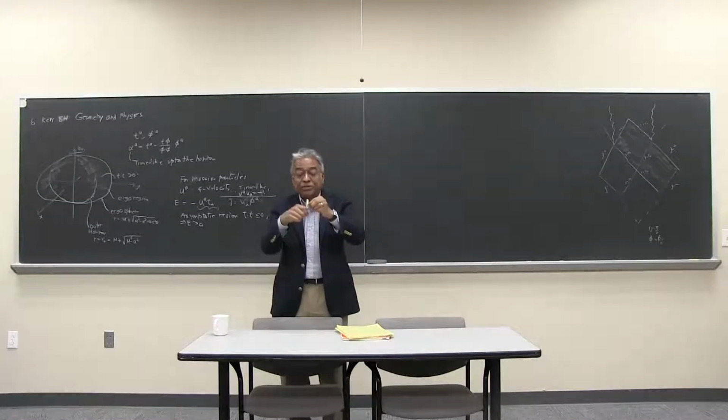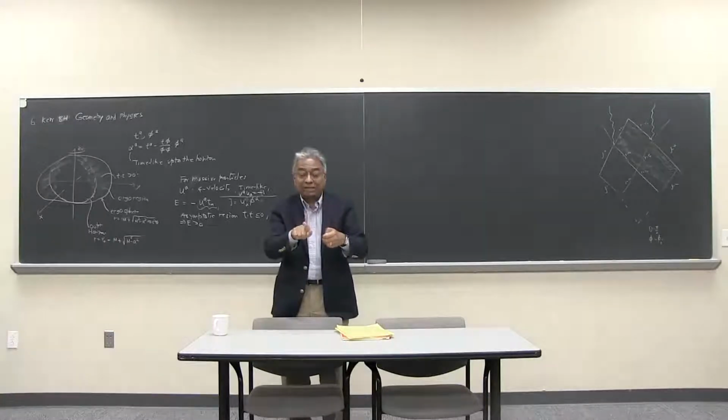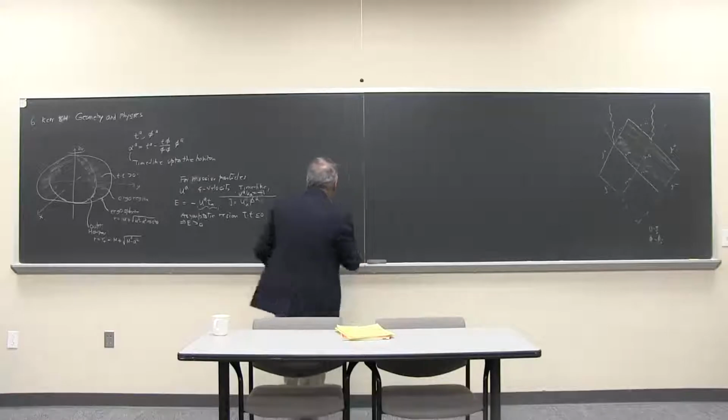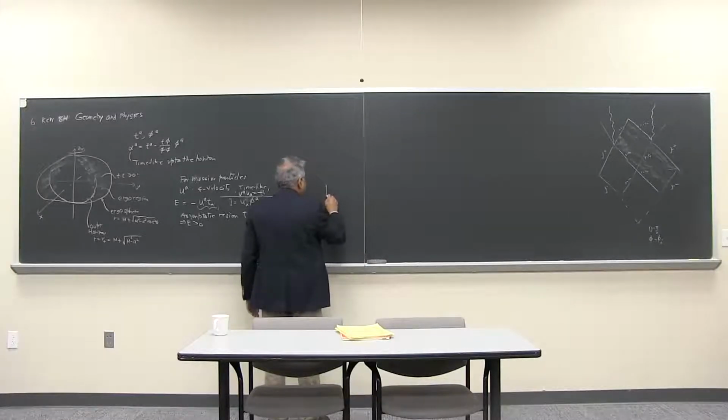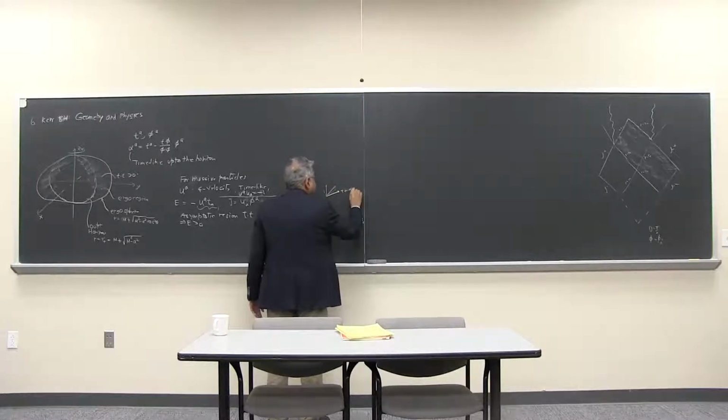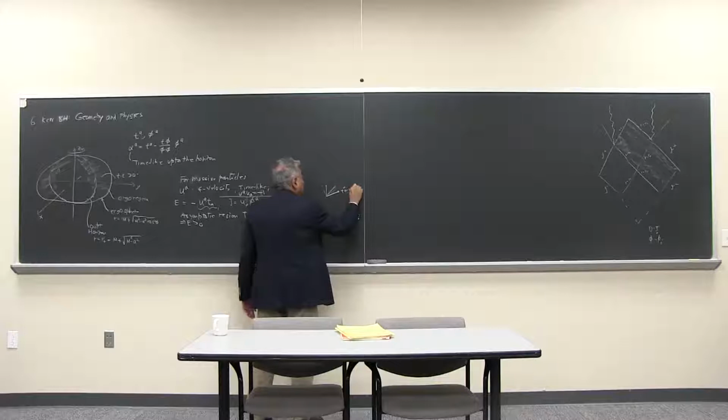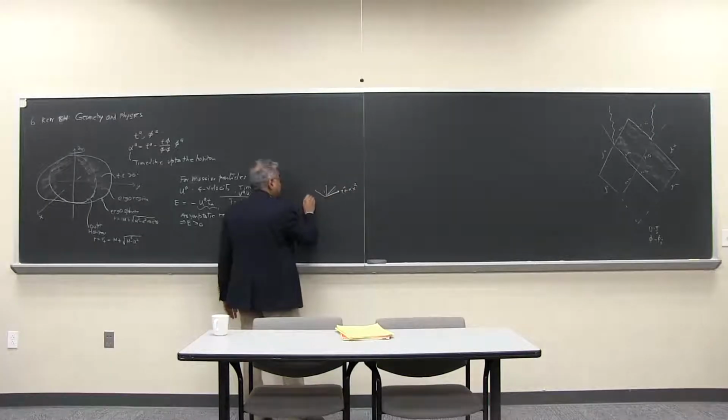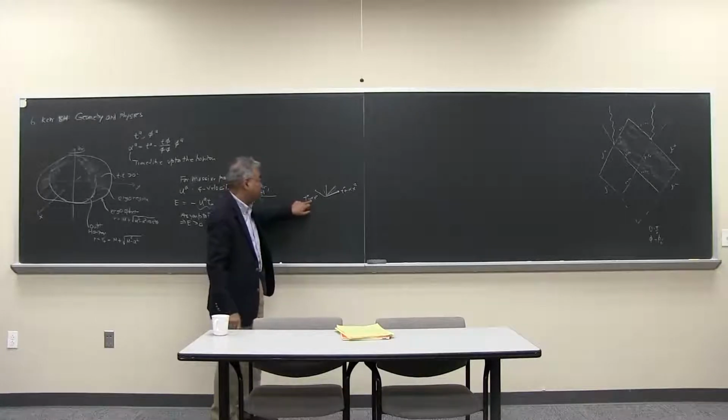Or I can take t minus 3x. So here is t, and I can take a space-like vector outside this null cone up here. So a space-like vector t plus alpha x, where alpha is bigger than 1. Or I can take t minus alpha x. Okay, so alpha is positive and bigger than 1.